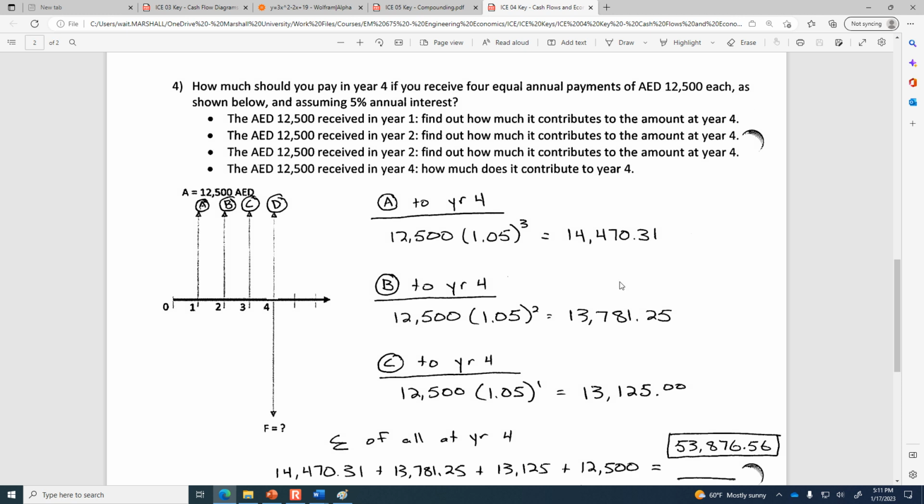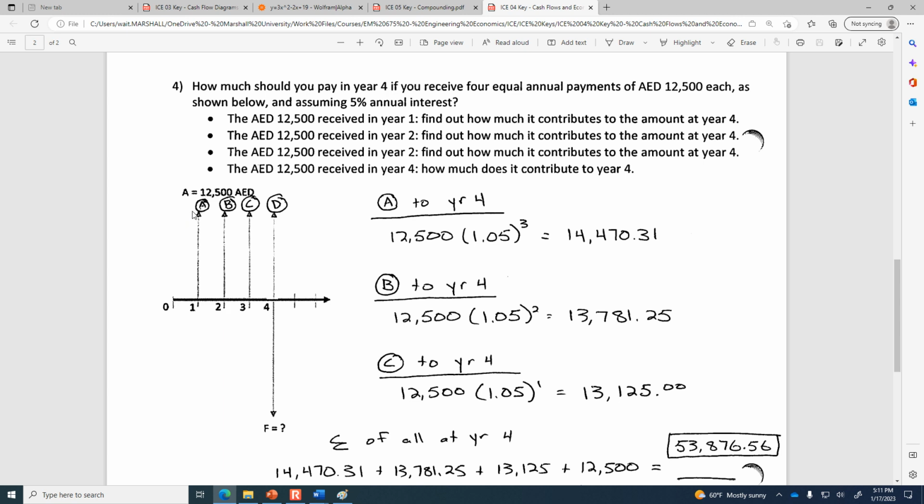All right, so we have a series of annual amounts, 12,500, and we want to find the equivalent amount in year 4. I labeled these A, B, C, and D to illustrate which one I'm moving into the future.